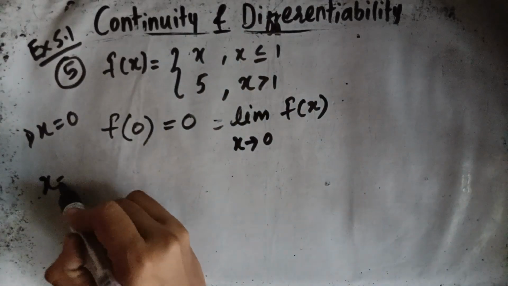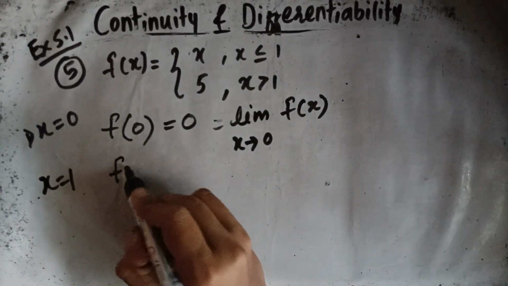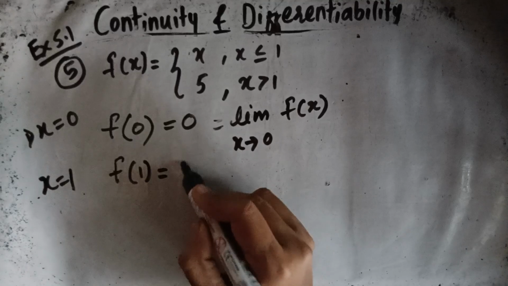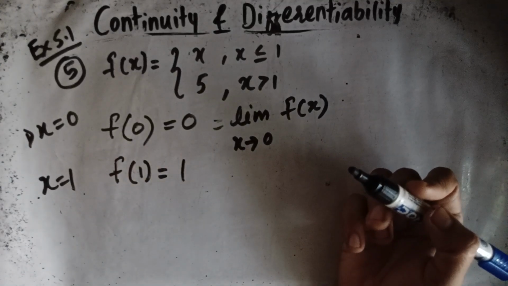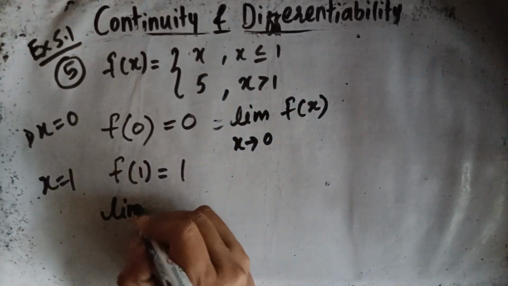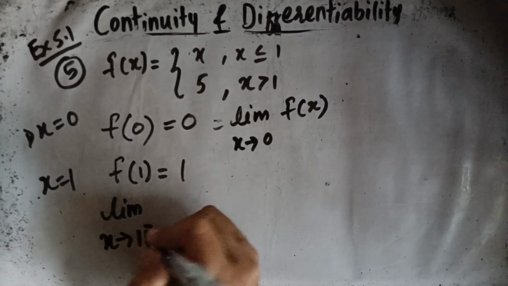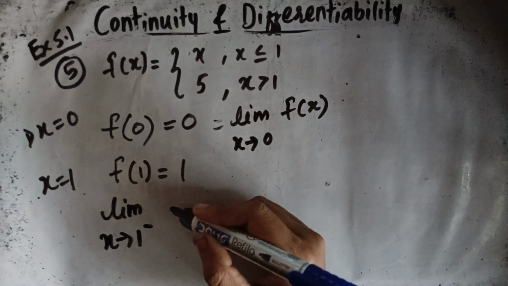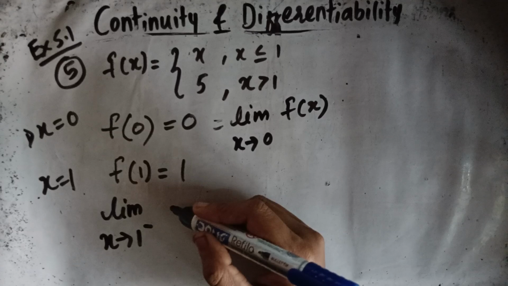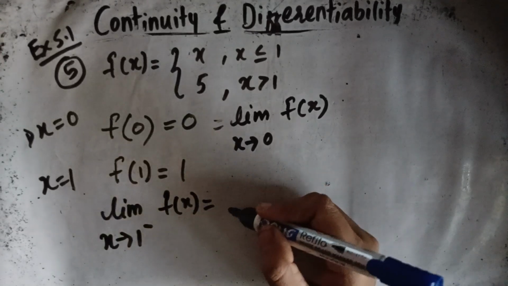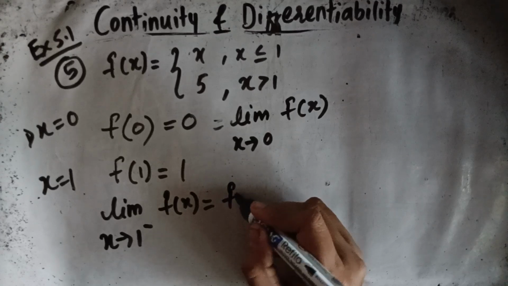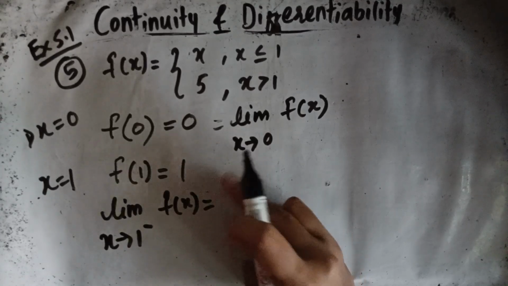What about x equal to 1? f of 1 is 1. We have to check the left hand limit and right hand limit. So the left hand limit, x tending to 1 minus, is f of 1, so 1.